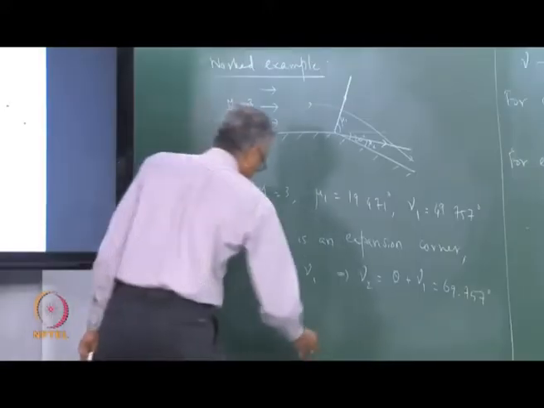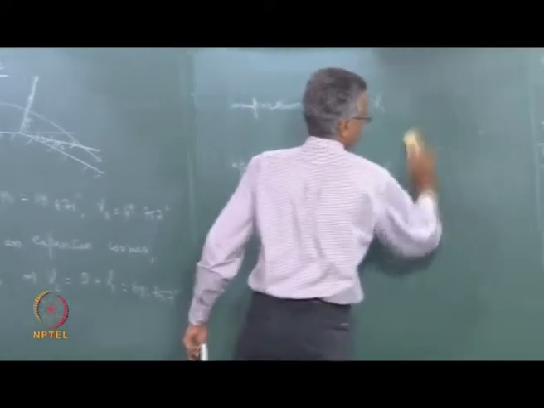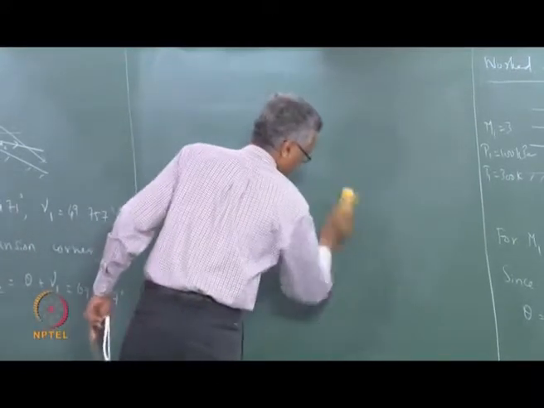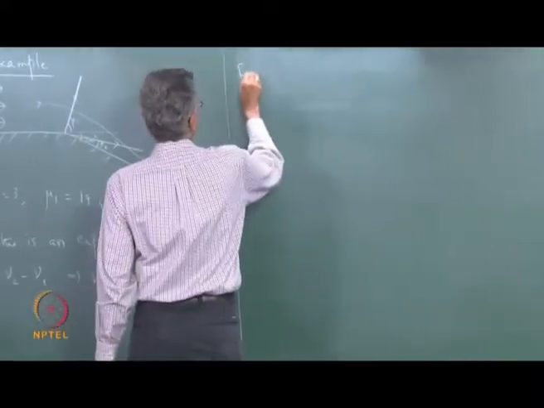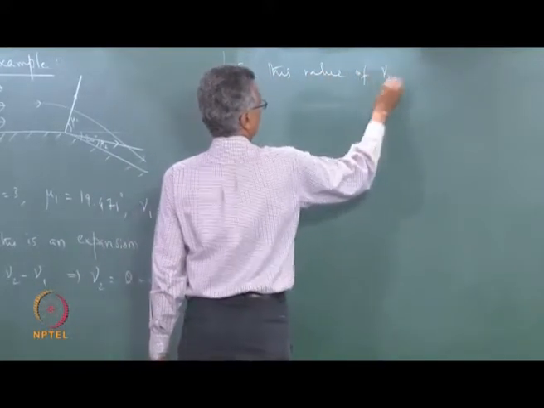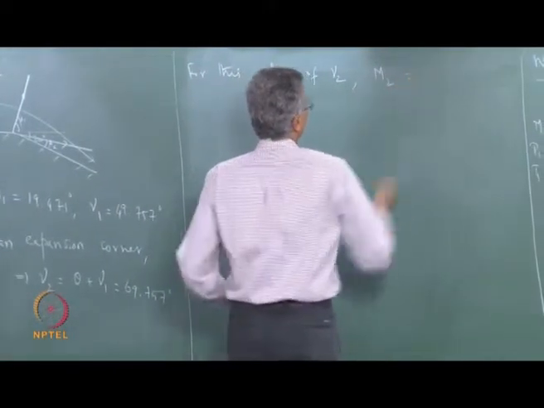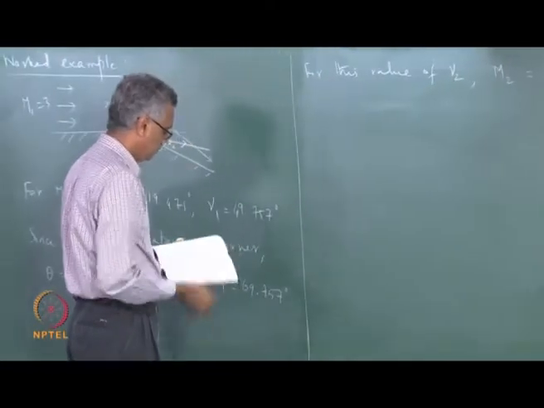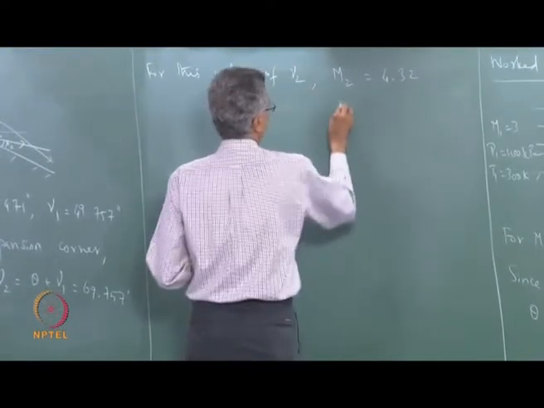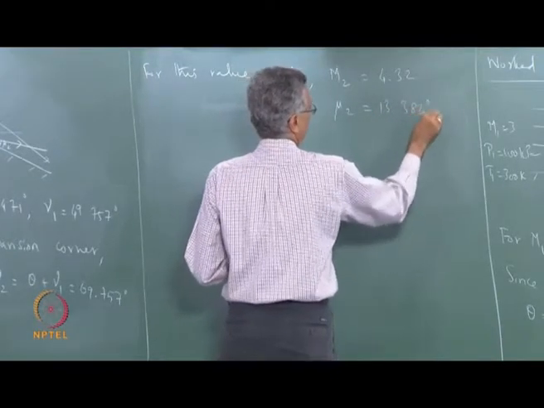So, for this value of nu2, we can get from the table M2 to be 4.32 and mu2 to be 13.384 degrees.